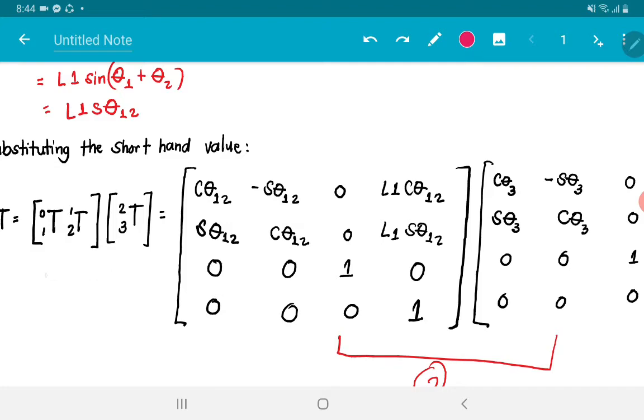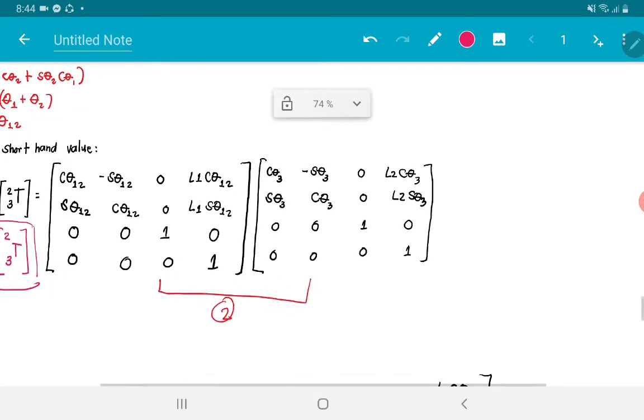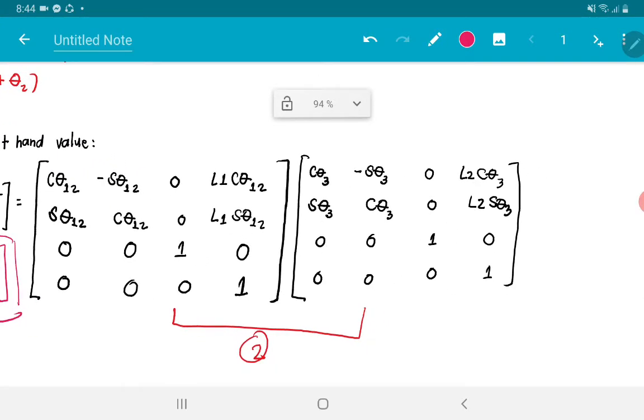So you can also write this one as the translation of 2 in terms of 0, multiplied by the translation of 3 in terms of 2. So that's also the same with this matrix.